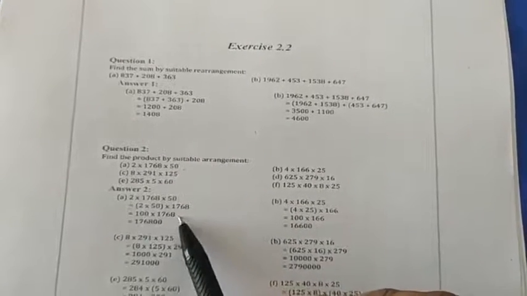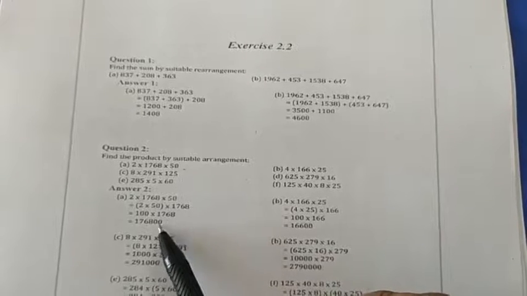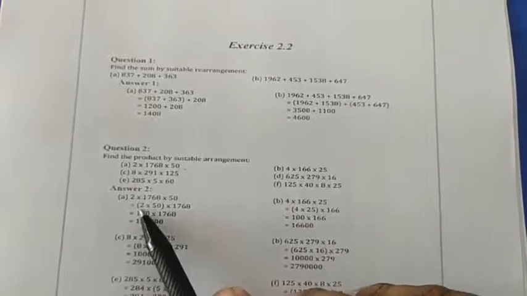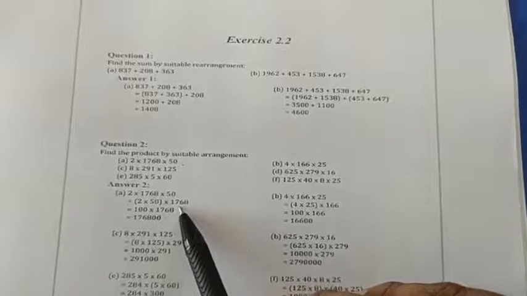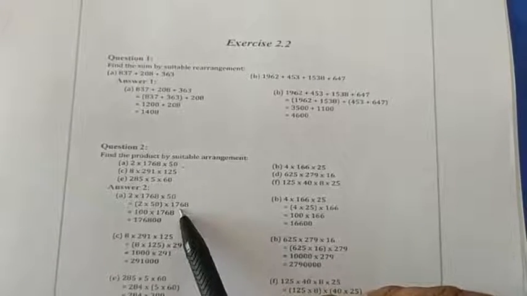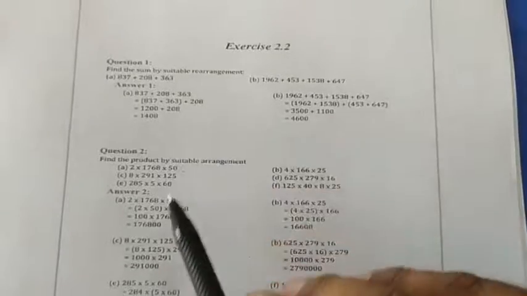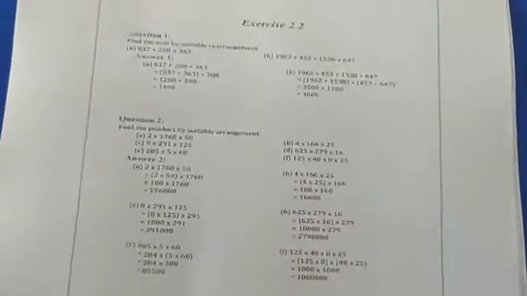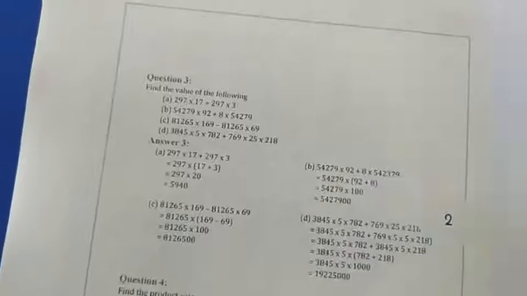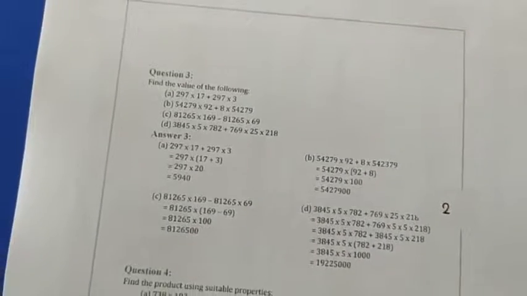Or 100 can be multiplied directly with any number. You may put here 0, 0 directly. 2 zeros are there, you will put here 2 zeros. So that's the main criteria. So you have to check the unit place only for the sum and product. Then after that you can do the sum and product by the suitable arrangement.